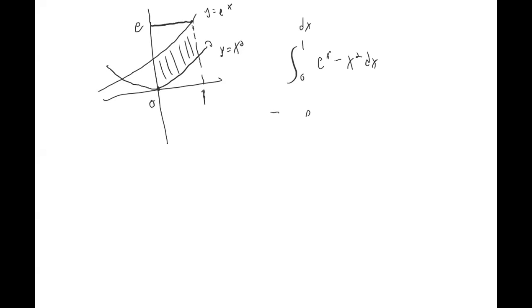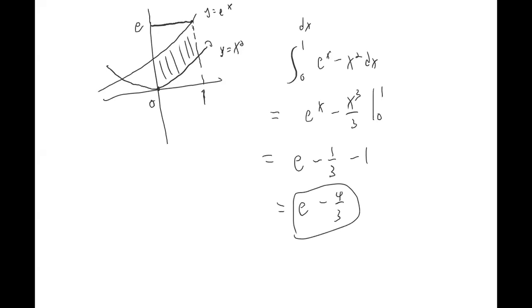Now this is pretty simple. That's e to the 1, which is just e, minus 1/3, minus 1, because e to the 0 is 1. So your answer is this. Is everyone clear on this?